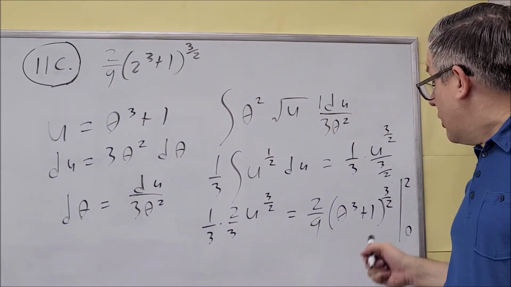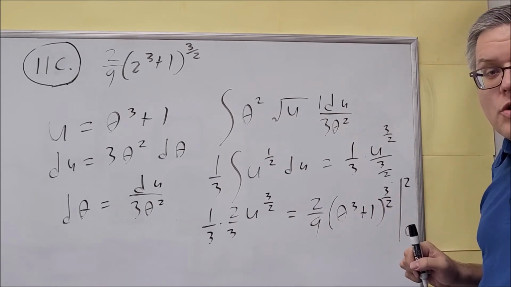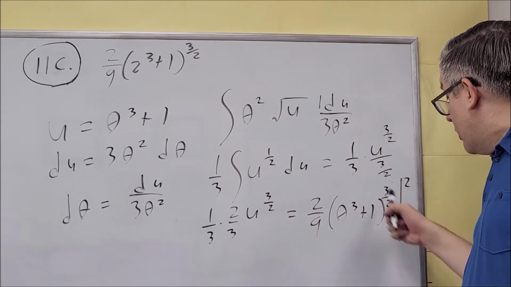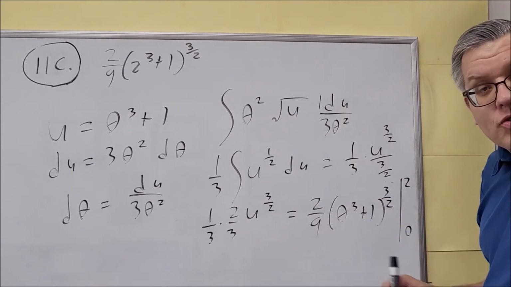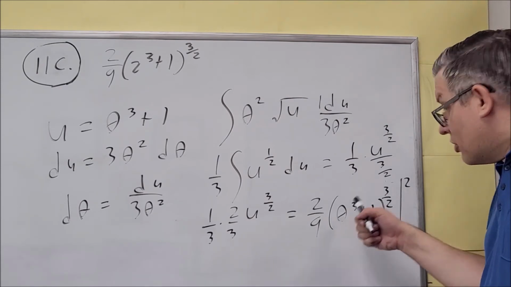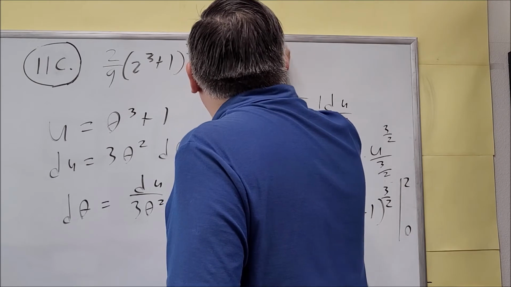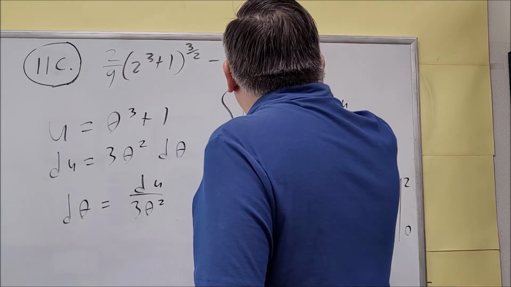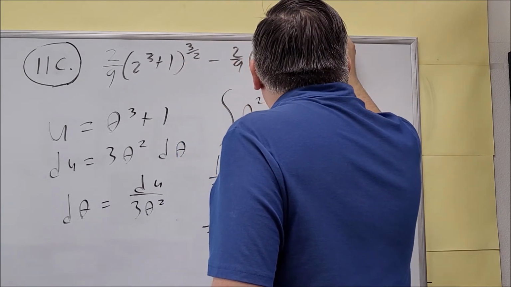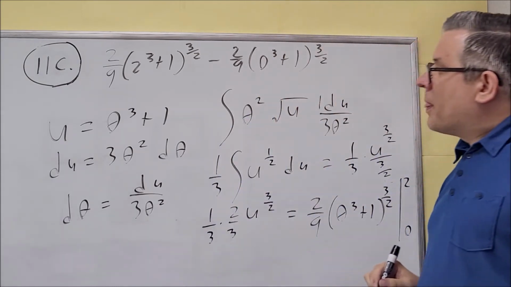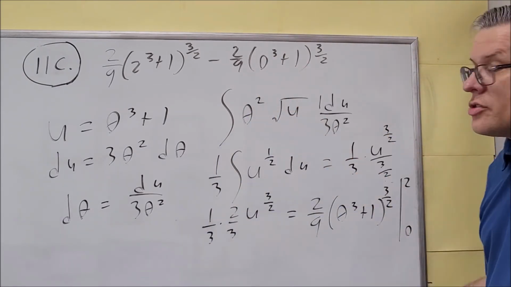Now I'll put 0 into there. Remember that even though you put a 0 in, it doesn't automatically mean the whole thing's going to turn into a 0. You have to still evaluate that and be careful with these kinds of problems. So for this, it's 2/9, 0 cubed plus 1 to the 3/2. So now we just have to evaluate each of these individually.